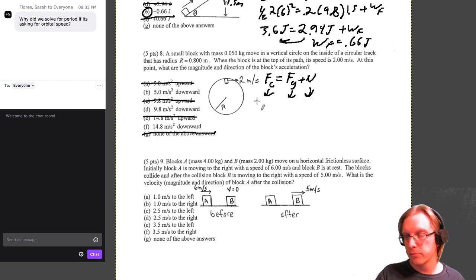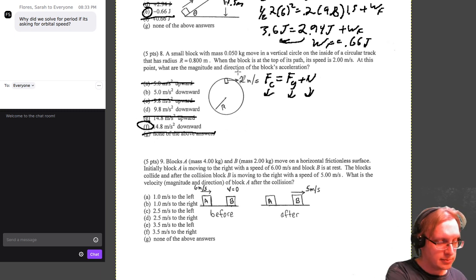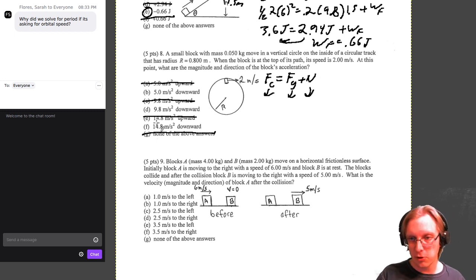Oh, okay, because we're at the top. So we can't be at 9.8. We can't be less than 9.8 because we've added normal to it. So therefore we must be at 14.8. That would be the easy way to do it. But of course, we need to make sure that it is in fact not none of the above. So let's make sure that's actually the case.